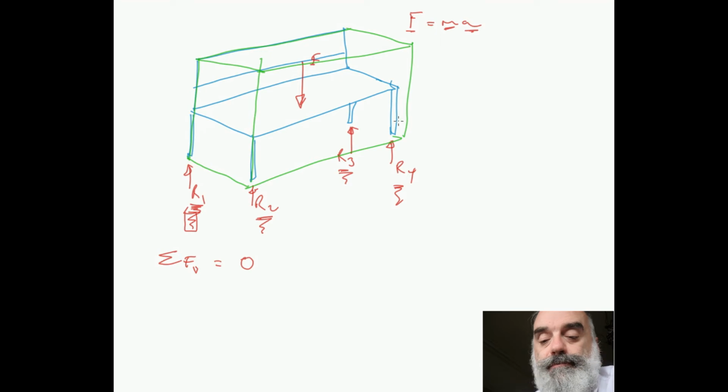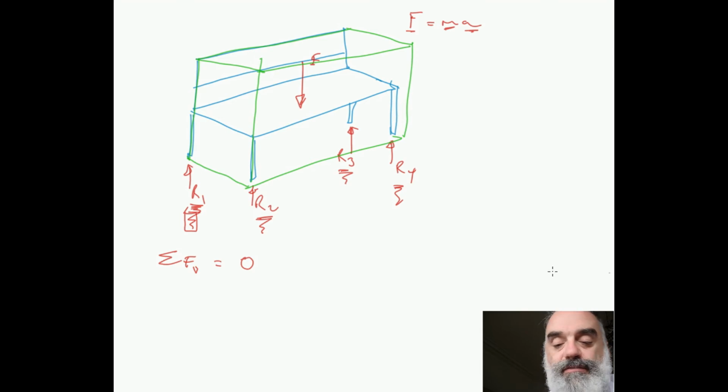So if we're analysing the global aspects of this structure, the global stability of this structure for sinking or sliding or overturning, then we can simplify the model to the components that we need to discuss.